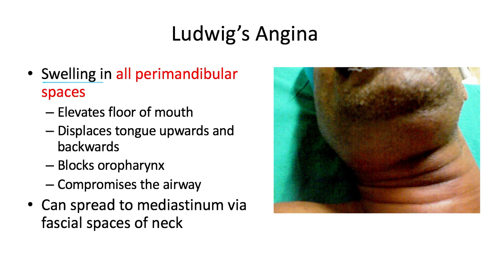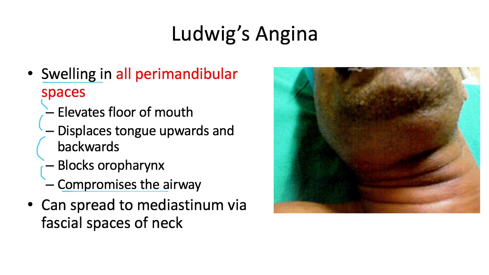This swelling elevates the floor of the mouth, which displaces the tongue upwards and backwards, which then blocks the oropharynx, which then compromises the airway. So it's this domino series of events that contributes ultimately to airway compromise, which is, of course, very serious.